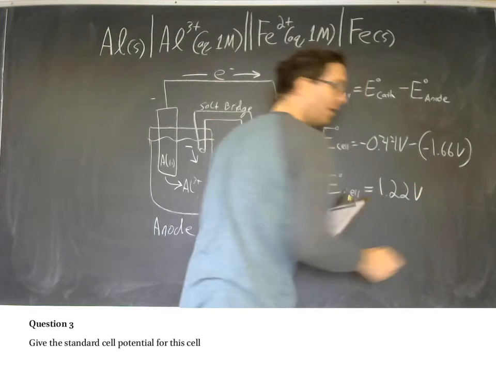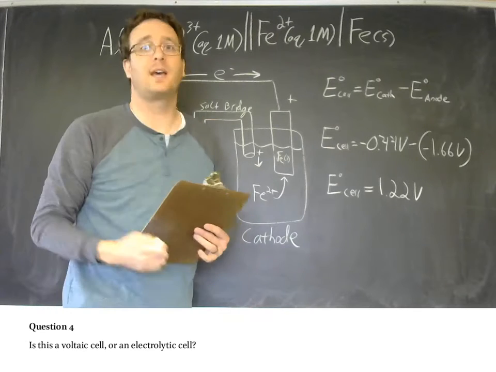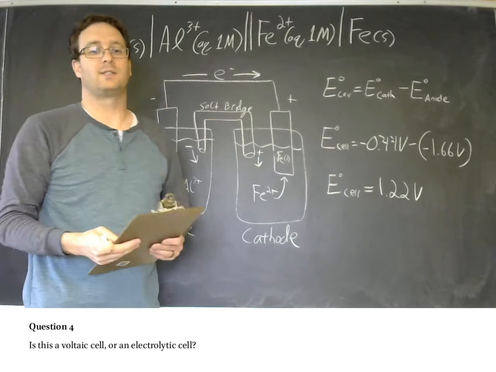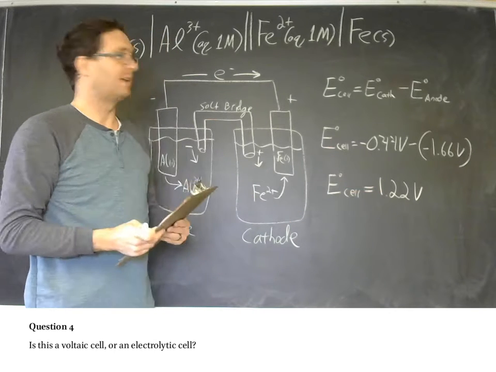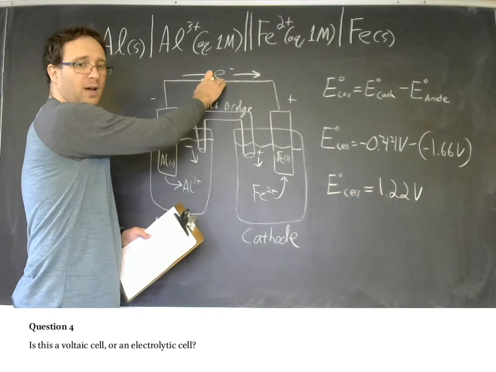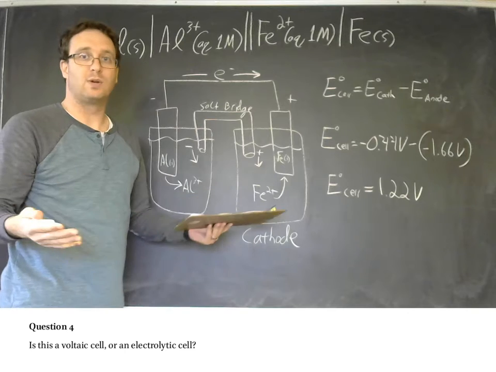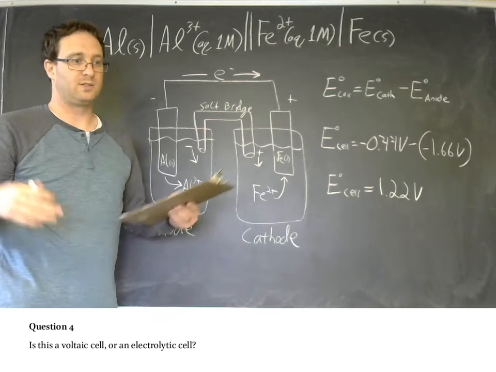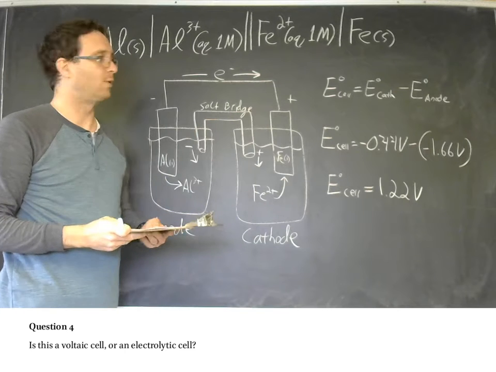And our last question: is this a voltaic cell or an electrolytic cell? Because our cell potential is positive valued, then it is a voltaic cell. That means we could put a load here, interrupt the flow of electrons, and force them to do electrical work, force them to turn a motor or heat up a heating coil or something like that.